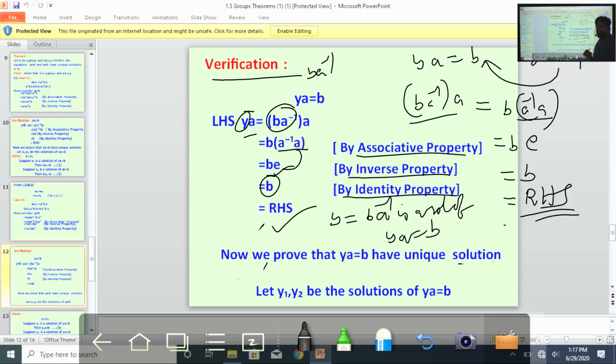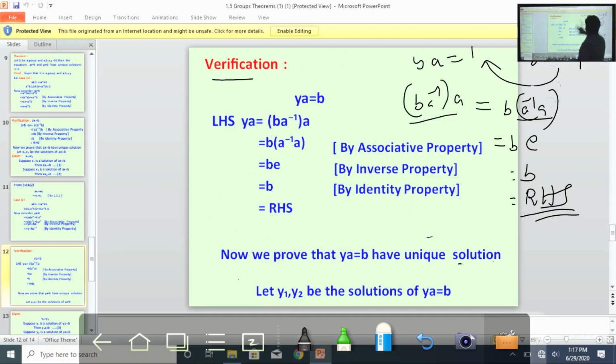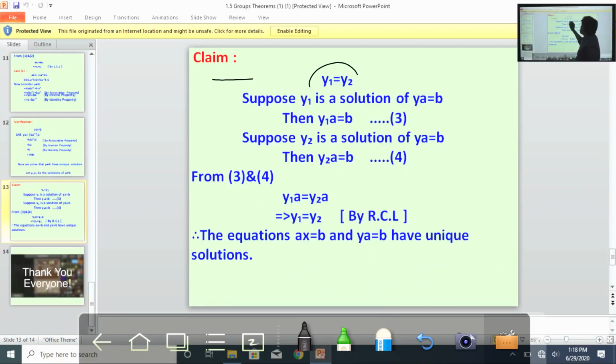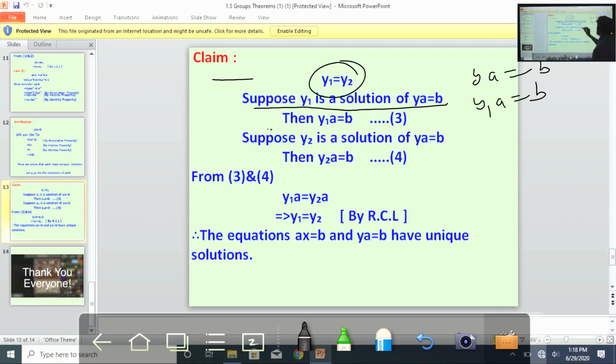Now we show that this solution is unique, right? Suppose y1 is a solution of Ya = b, and y2 is also a solution of Ya = b. Now we show that y1 = y2. Then the solution of Ya = b is unique. So y1 a = b, this is third.